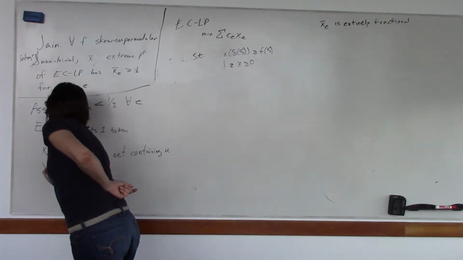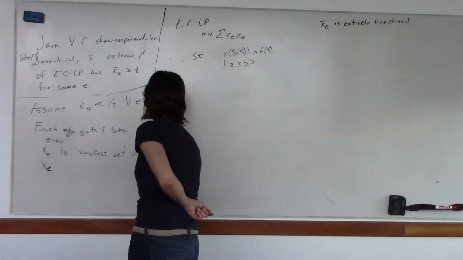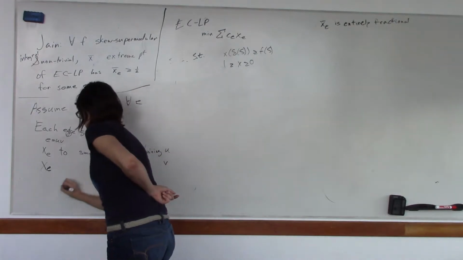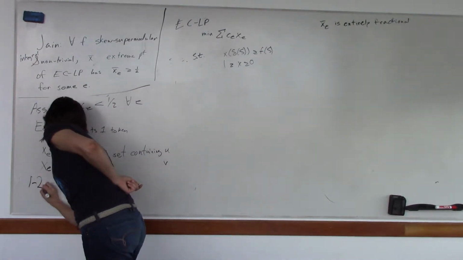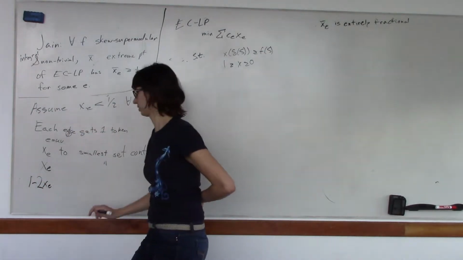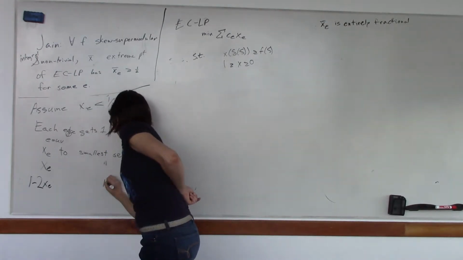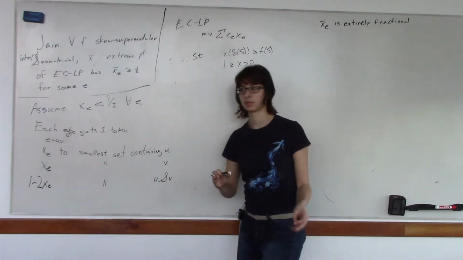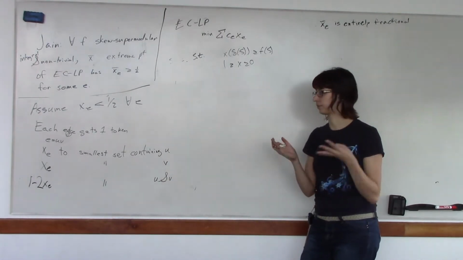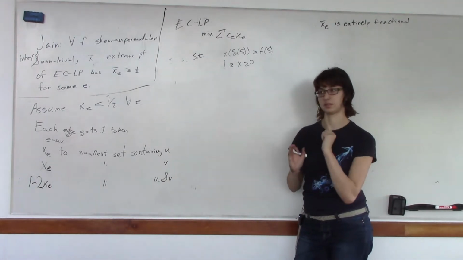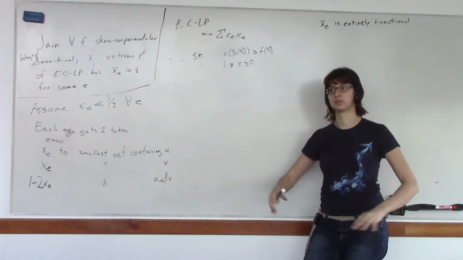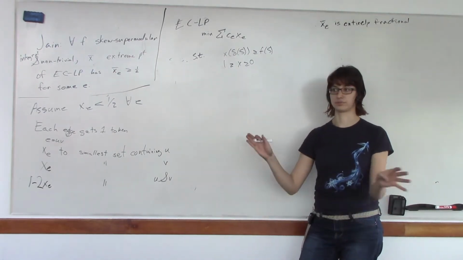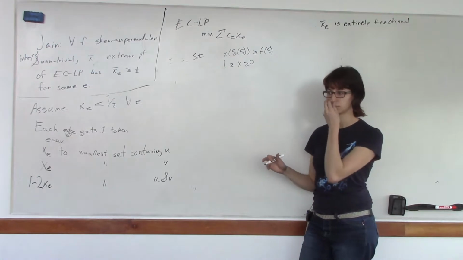We're going to give x_e to the smallest set containing v. And then we're going to give the rest of it, so everything that's left over, to the smallest set containing u and v. Again, if there's an endpoint that's not in a set, then that extra stuff is just floating around and gets lost.